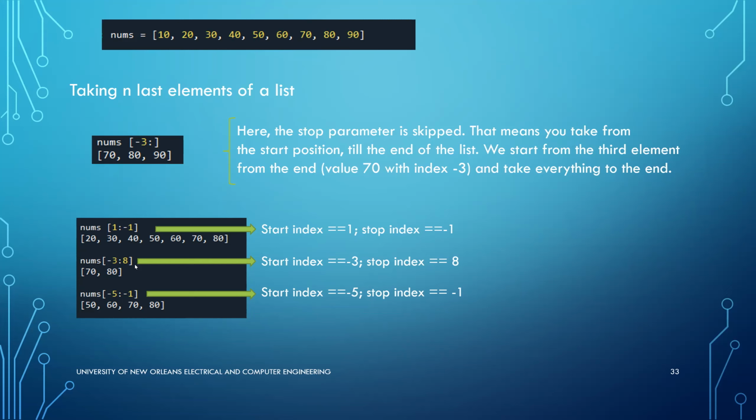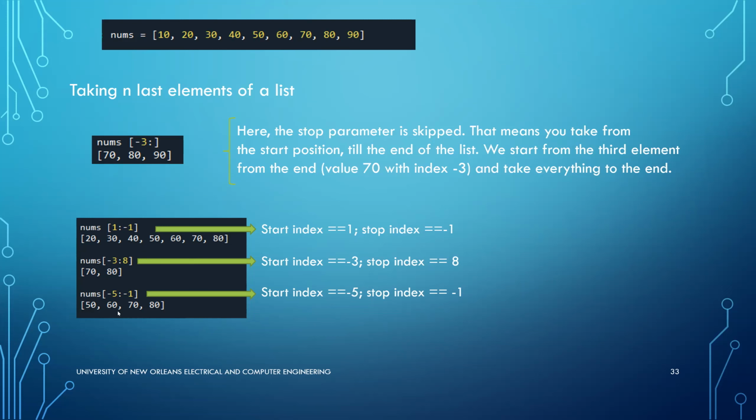Another example, in this case, the start index is -3 and the stop index is 8. So we're going to start at -1, -2, -3, which is 70, and it says stop at element 8. We're already starting at -3, so this command here will show 70, 80 as the elements you're extracting.